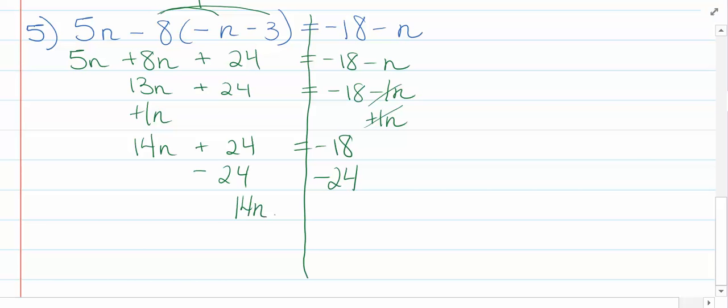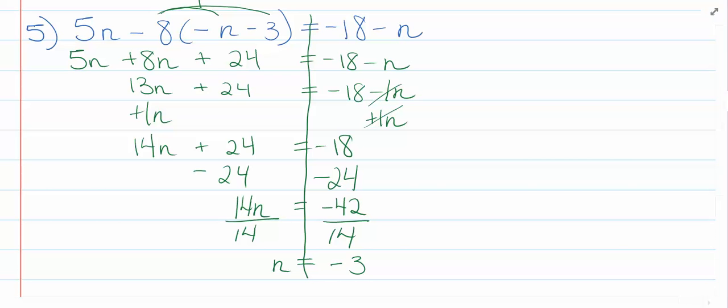I'm left with 14n, and we have negative 18 minus 24. It's going to be negative 42. I want to get rid of the 14, so I'm going to do the inverse operation and divide both sides by 14. So negative 42 divided by 14 gives me negative 3.